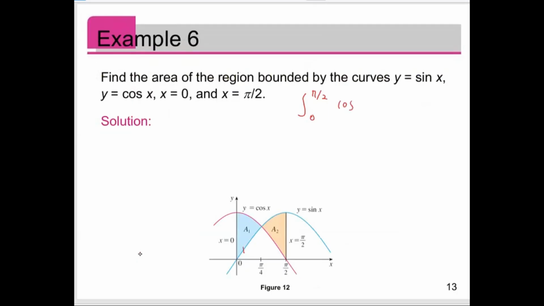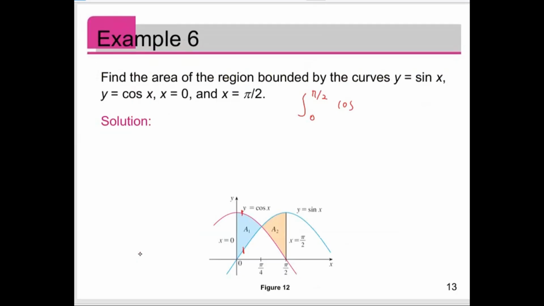Maybe they tried some values here, without looking for the intersection points. So the first thing that you need to do is find the intersection points, right? Because the intersection point is defining which one is the top function, interval-wise, and also defining the limit. The limit can no longer be 0 until pi over 2.